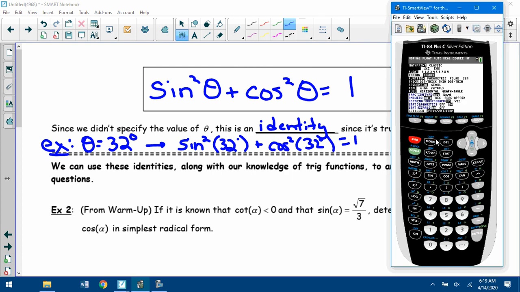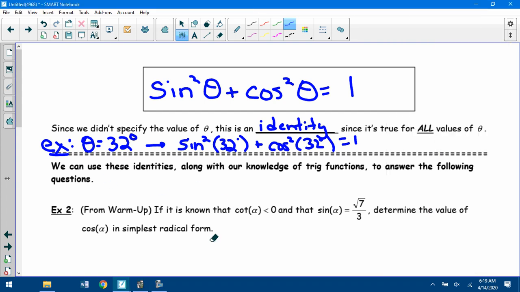Degree. Okay, great. If I want to do sine squared on the calculator, you have to do it with parentheses. You have to do sine of 32 in parentheses, squared. So sine of 32 degrees squared plus cosine of 32 degrees squared. Again, notice my parentheses, so the whole thing is squared. Equals 1. And that was just a random number I picked. Any angle you pick is always going to equal 1 because I proved it with that picture.